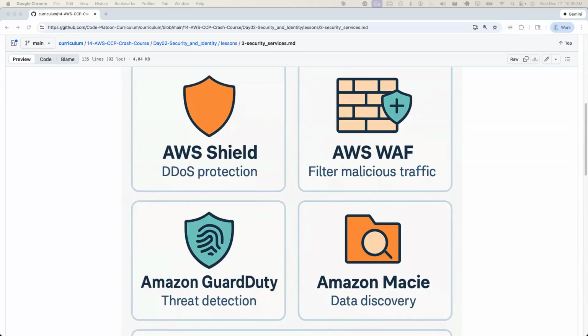They've got other ways that they want to safeguard against all these different threat detections.